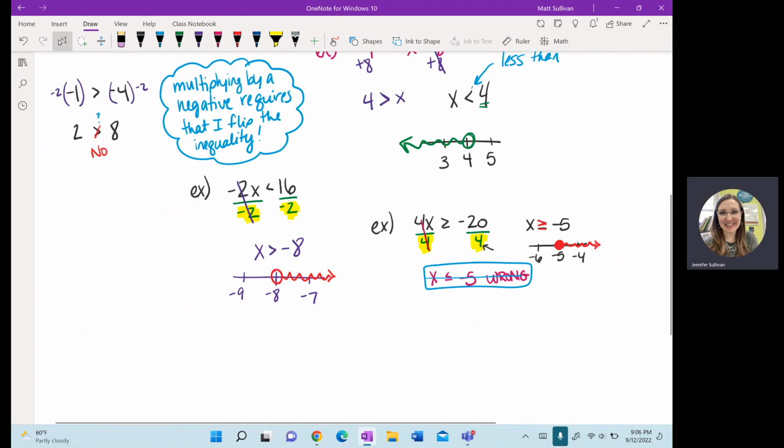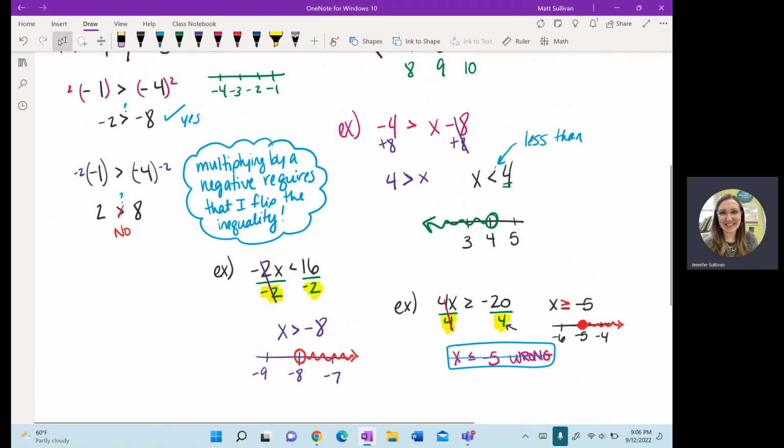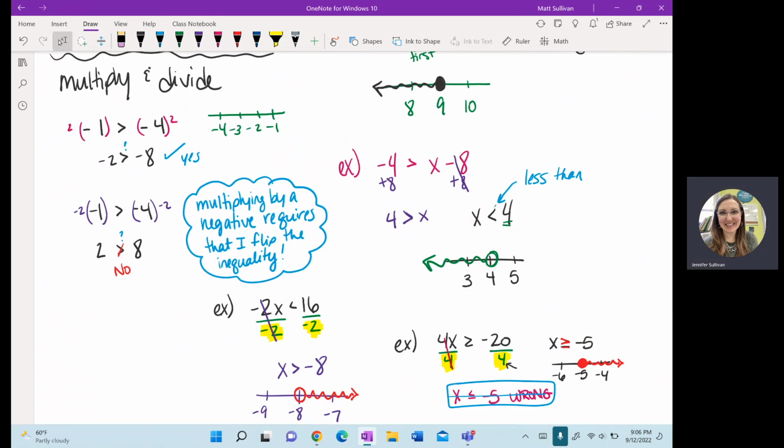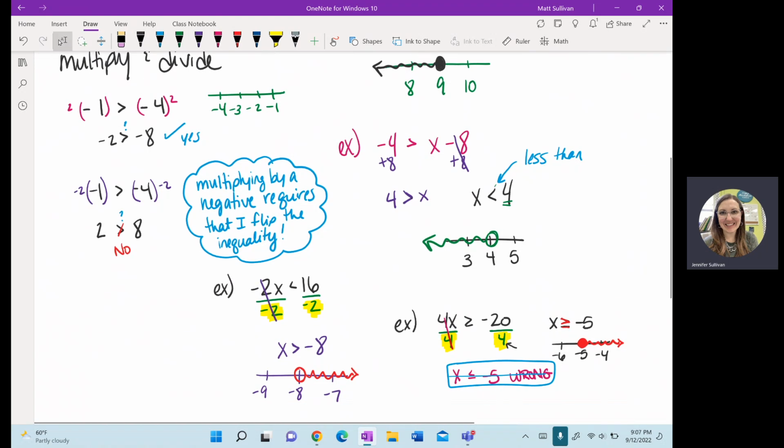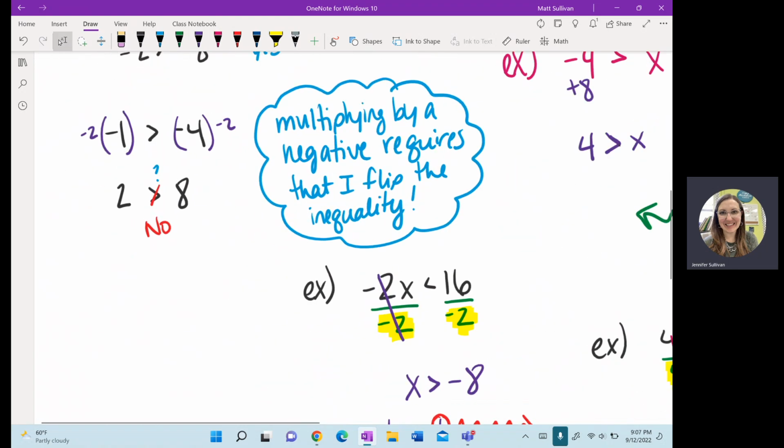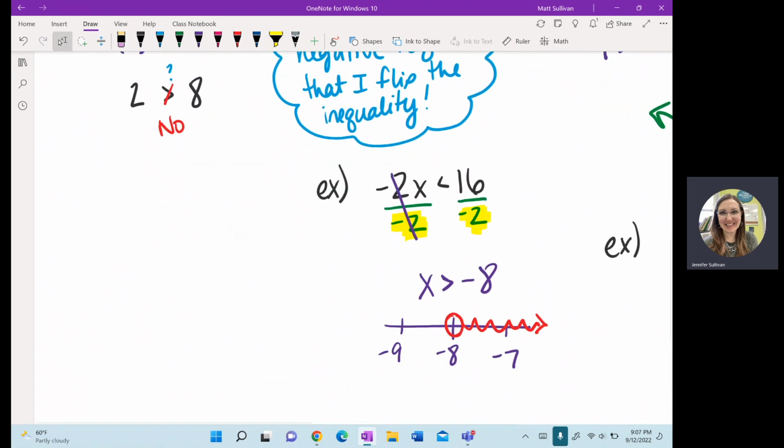Okay, so that's multiplying. What do you think is going to happen with dividing? Yeah, that's a really good guess. It's going to be the exact same. All right, so let's give you just a couple quick examples here to see this. Let's say if I had 5 is less than 10.